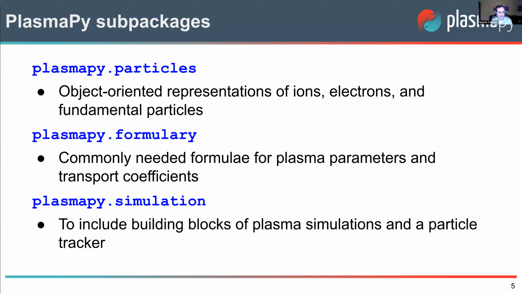And to do this, we build on astropy.units. We're also in the process of developing plasmapy.simulation, which includes a particle tracker. And our goal is to have this include the building blocks of plasma simulations. And we're hoping to start a simulation working group within PlasmaPy in the next few months.